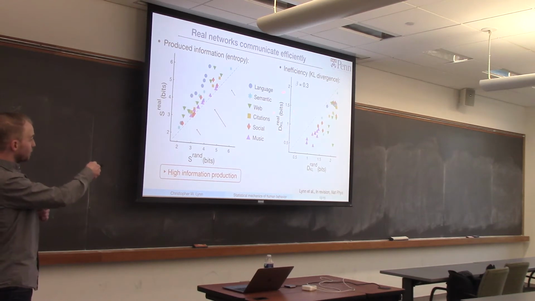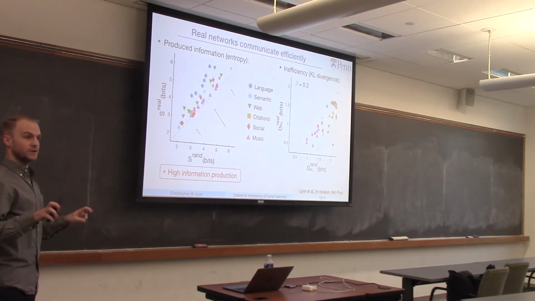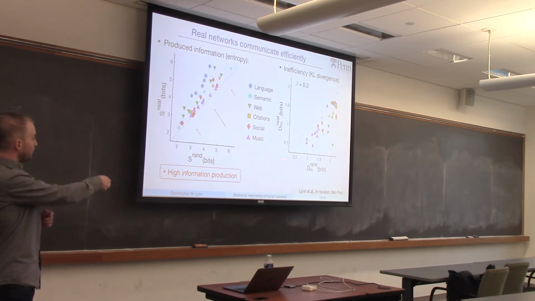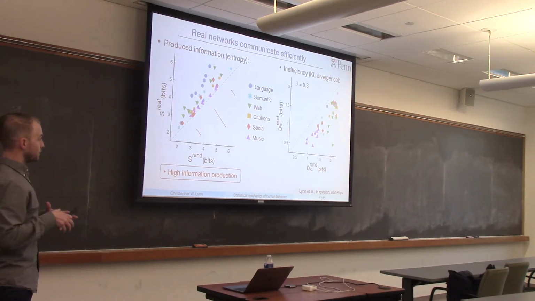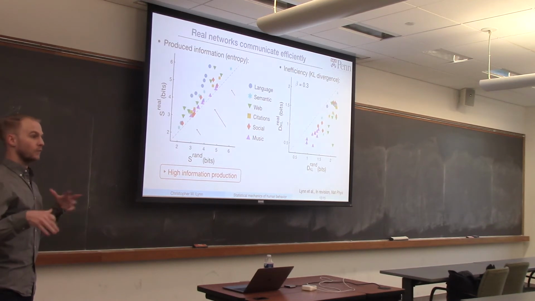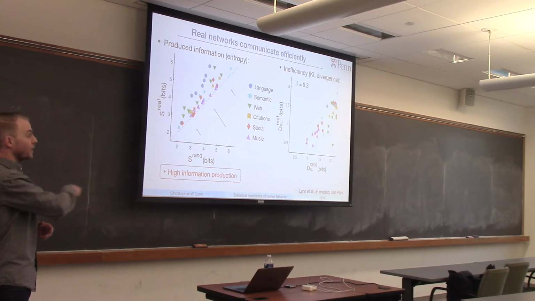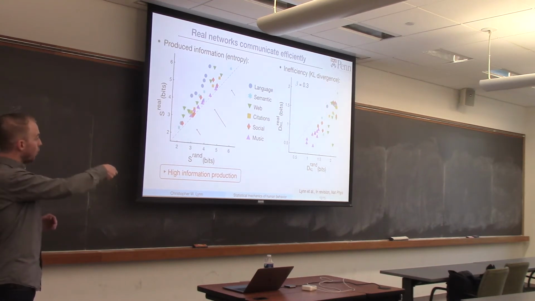Now we can ask the same question, but for this inefficiency question. Again, on the y-axis, what we're plotting is the KL divergence, or the inefficiency of these networks when they're communicating with humans. And on the x-axis, what we're plotting is the inefficiency of an equivalent randomized network. And here we find the exact opposite result: all of these networks lie below this x equals y line.